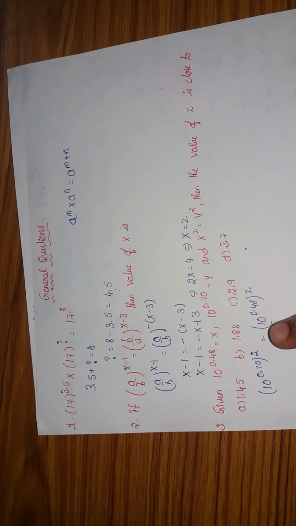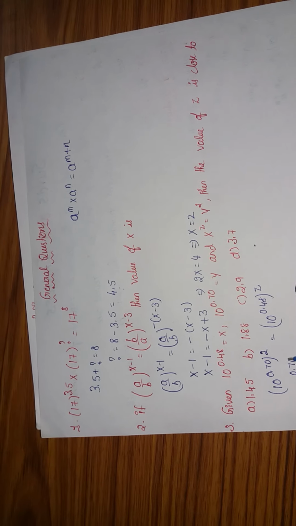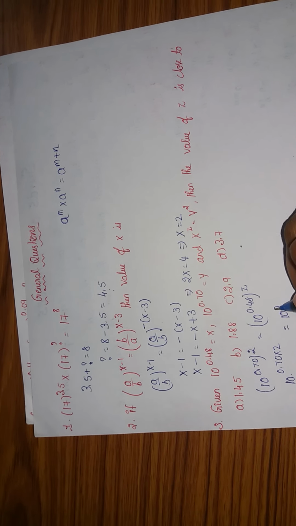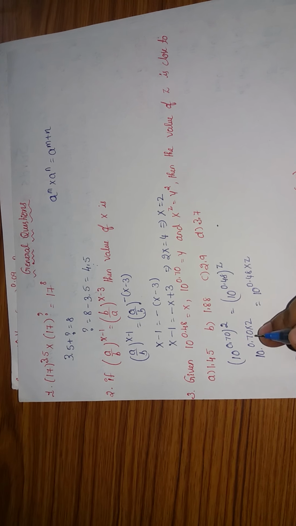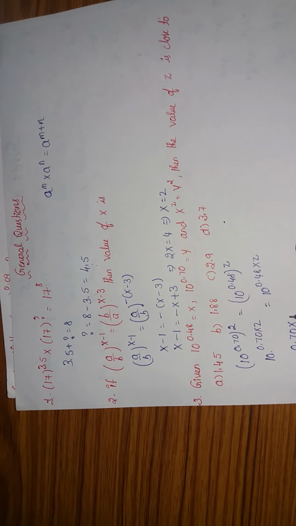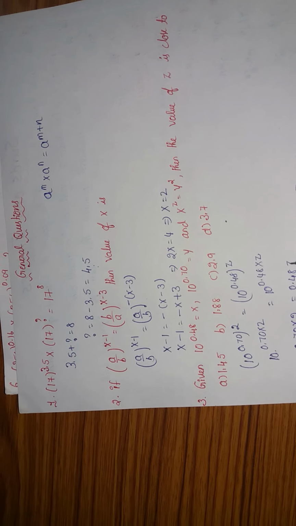So here the bases are equal. 10 power 0.70 into 2 is equal to 10 power 0.48 into z. So these two are equal. So 0.70 into 2 is equal to 0.48 z.